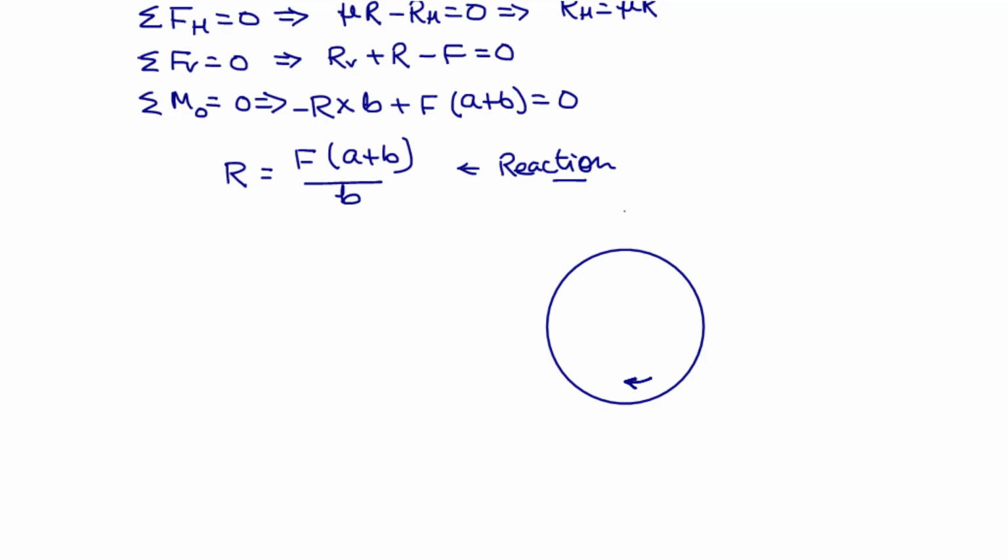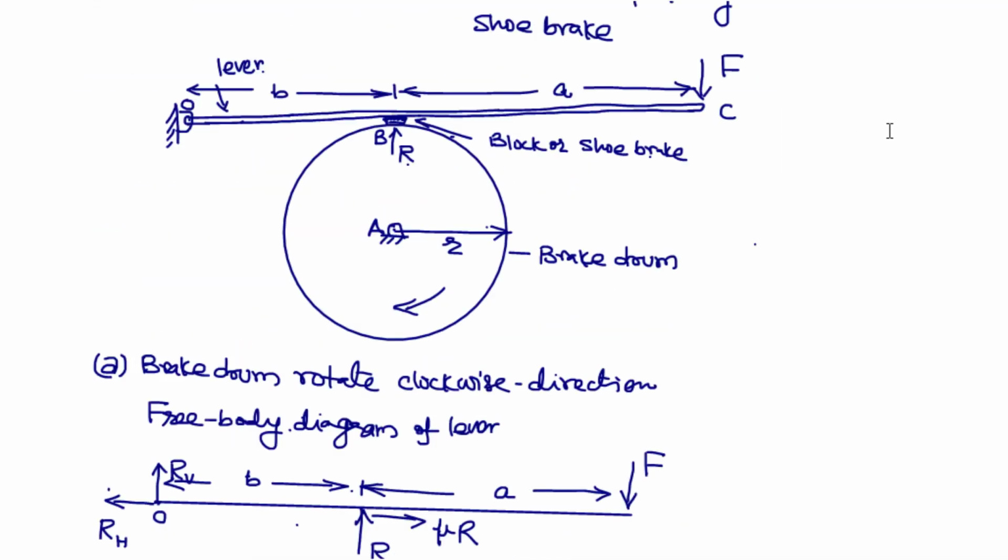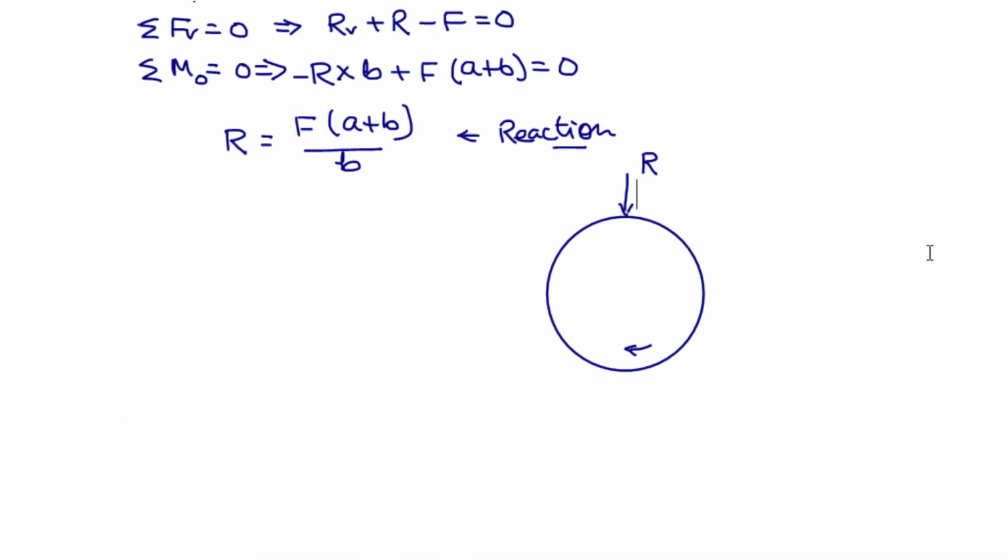Then the reaction is R, and the friction force is opposite to the direction of motion, which is mu R. This is the reaction at the center, horizontal and vertical, and the radius of the brake drum is R. This is the free body diagram of the brake drum.